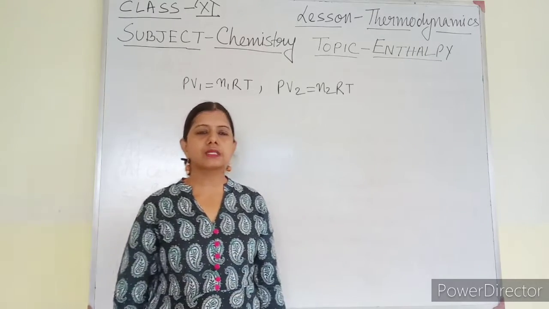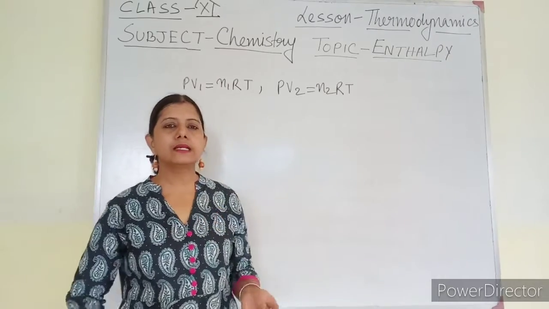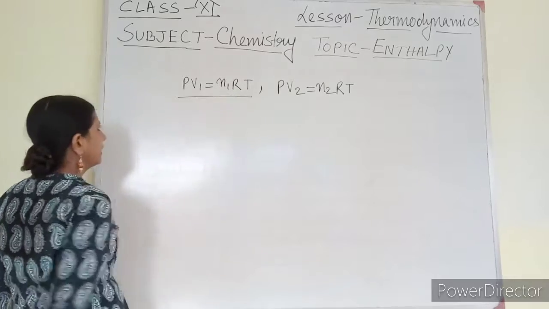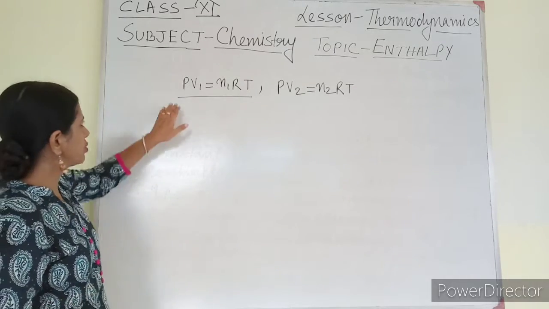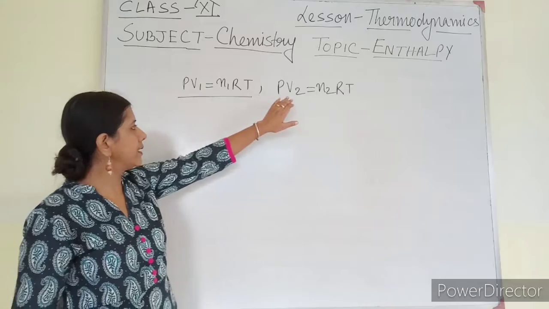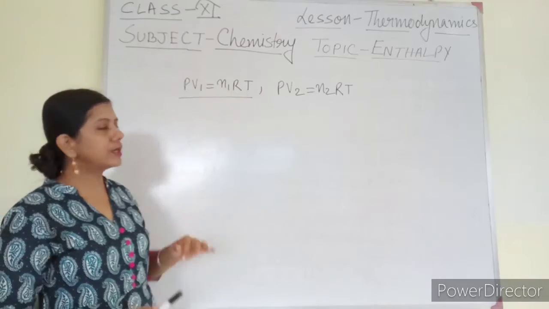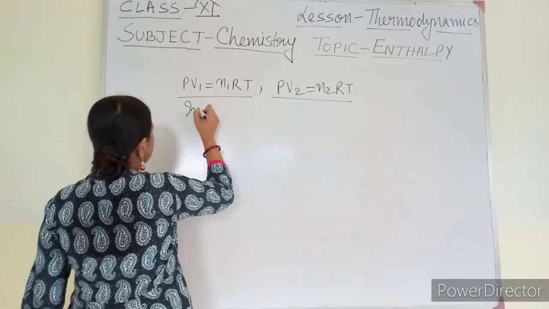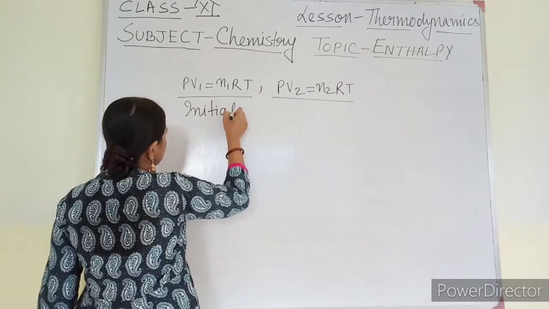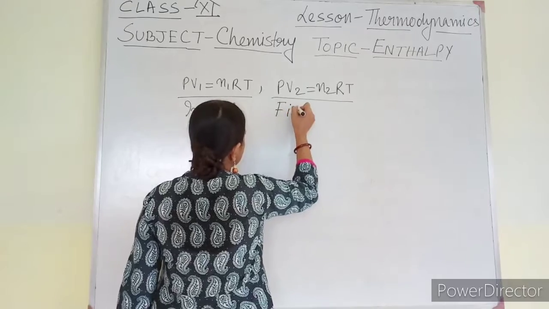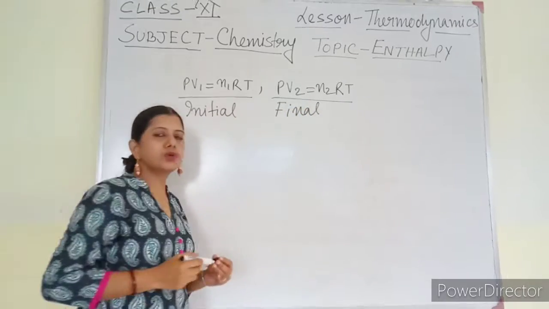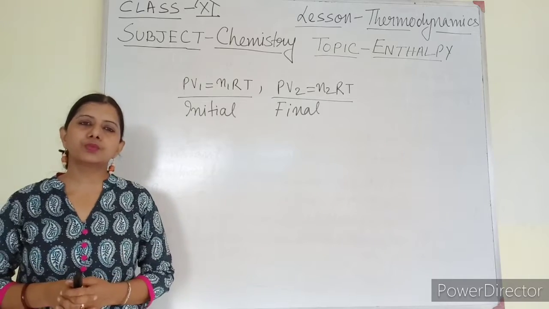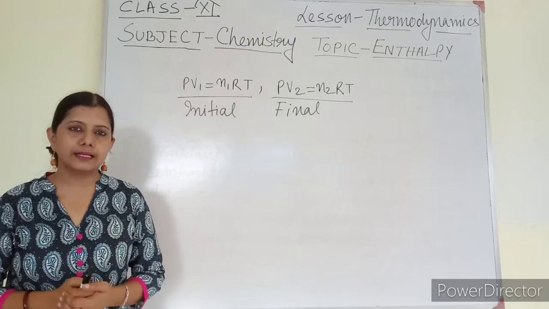Now suppose the initial condition of a system is this one. Pressure is constant, so in both initial and final conditions I am writing P. Suppose it is occurring at constant temperature also, so pressure and temperature are both constant in case of an ideal gas.